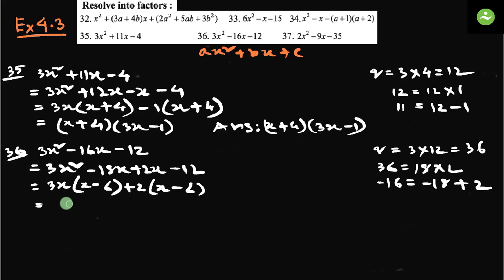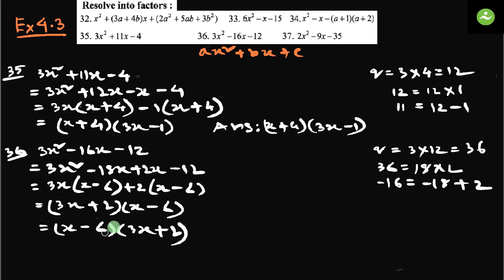Now the factors are 3x plus 2 into x minus 6. So that it looks good, how you can arrange it? Bring x minus 6 before: x minus 6 into 3x plus 2. Just to give it a good look. Otherwise it's okay. That is the answer: x minus 6 into 3x plus 2.